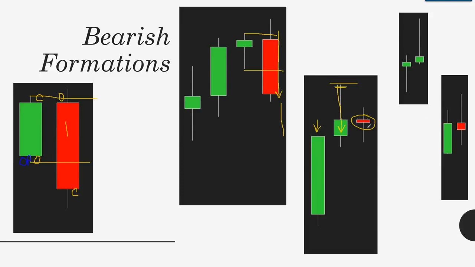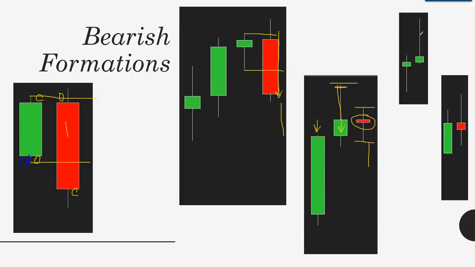Then that is followed by the bearish candle, which tells you more than likely the next bar is going to be down. And this typically is an inside bar right here. And what it's also telling you is they don't have enough power to continue to make a new high.